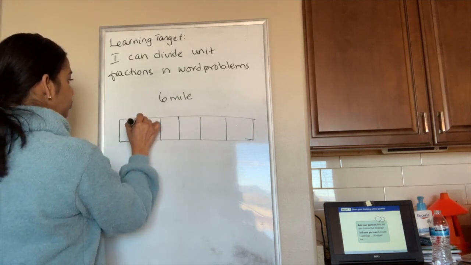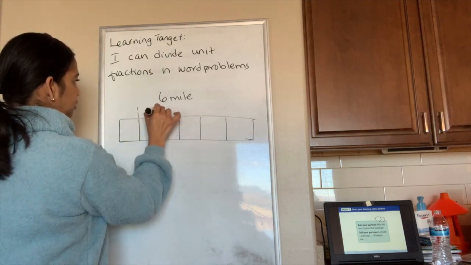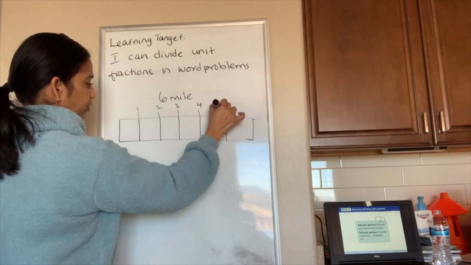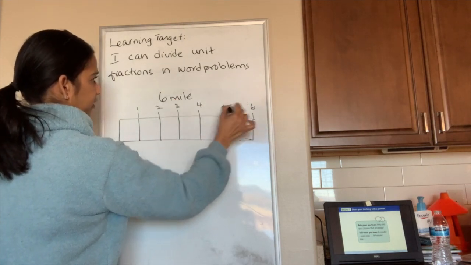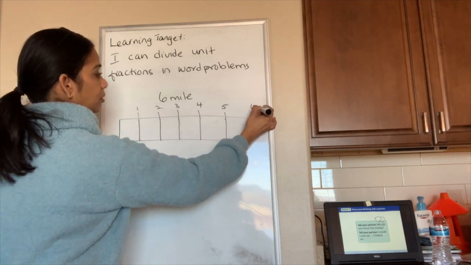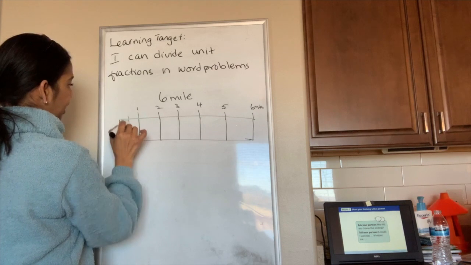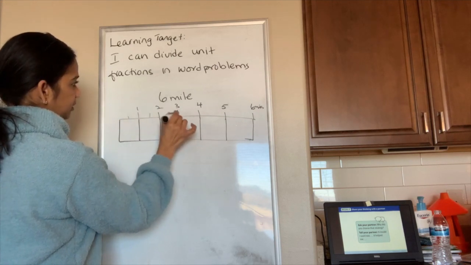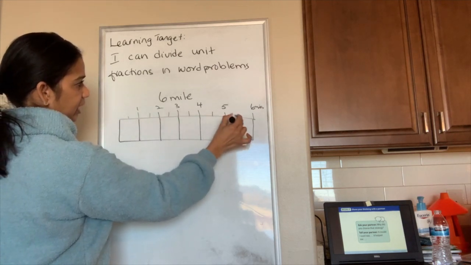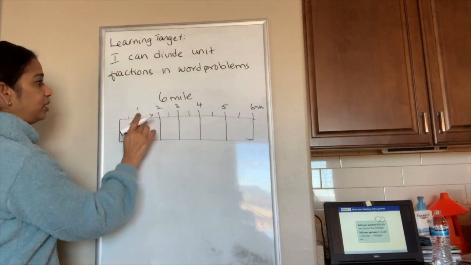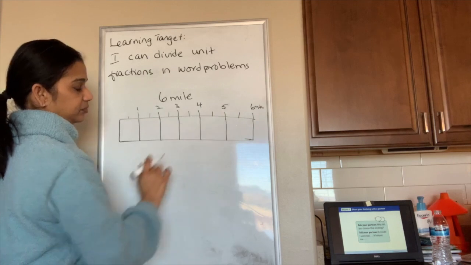So if this is 1 mile, 2 miles, 3 miles, 4 miles, 5 miles, and 6 miles. But the water stop is at every half mile. So let's say this is a half mile, this is a half mile, this is a half, this is a half, this is a half, this is a half. So the water stops are at every one of those half miles, right?